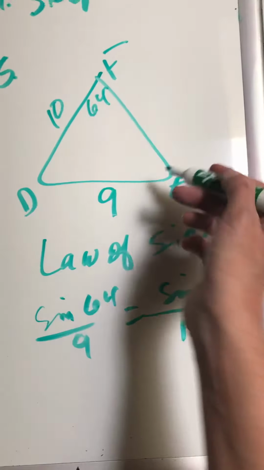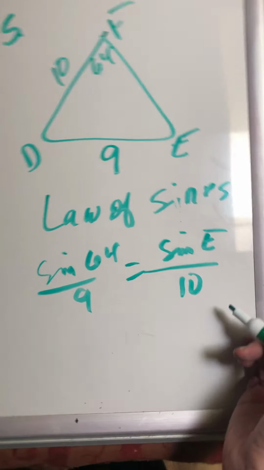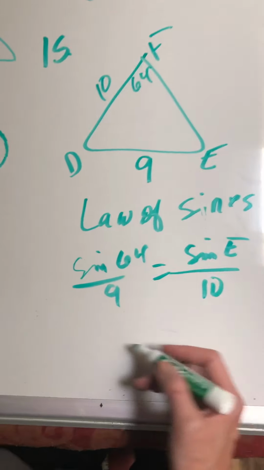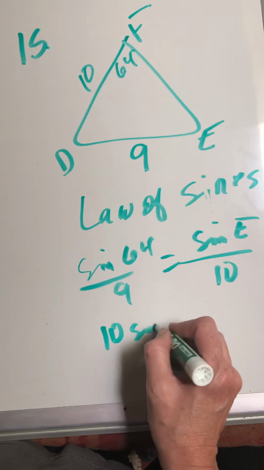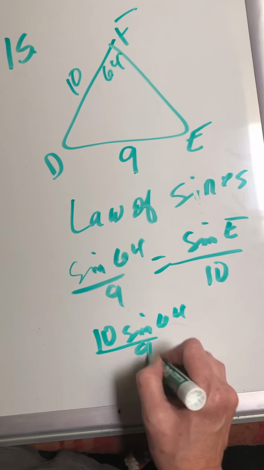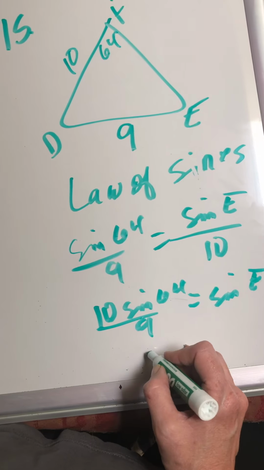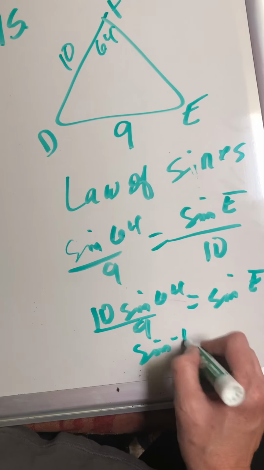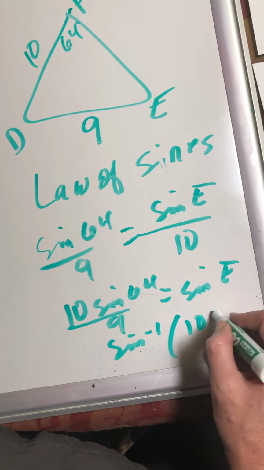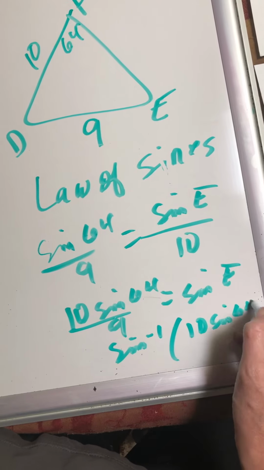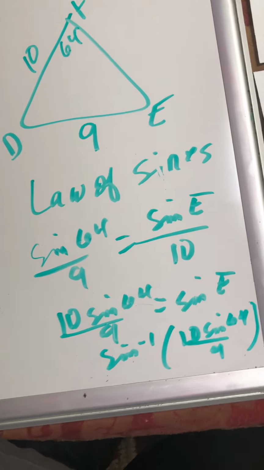So when I have the side across from angle E, it's just one law of sines I'm going to have to do. So 10 sine 64 over 9 equals sine E. So then that means I've got to do inverse sine of 10 sine 64 over 9.